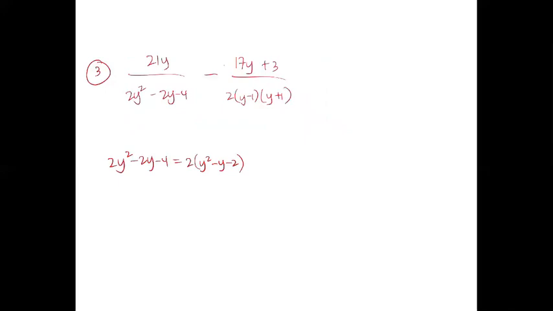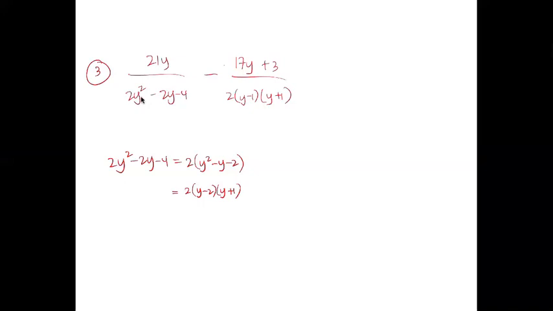For y squared minus y minus 2, you can use the method that we did earlier. Once you do that, you should be able to factor this into y minus 2 times y plus 1.